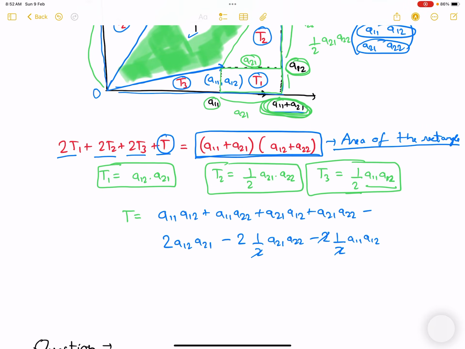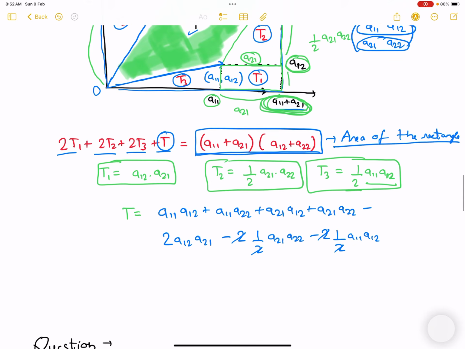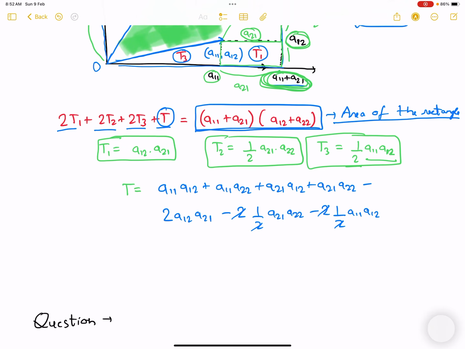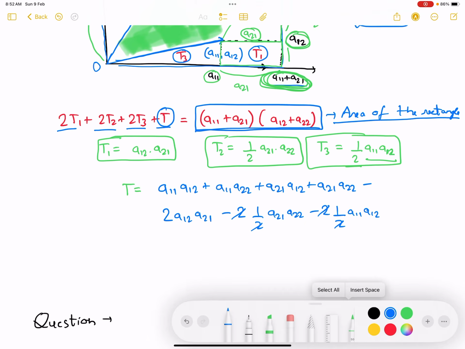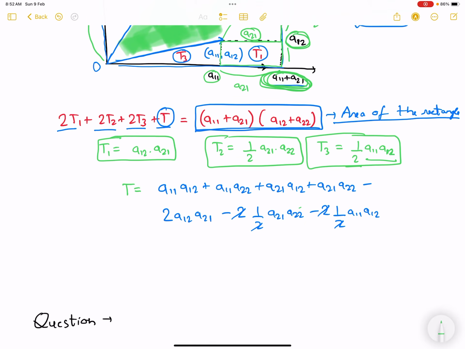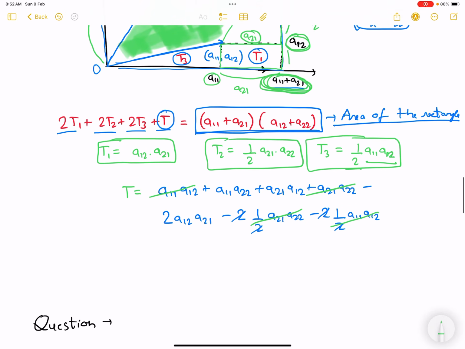This cancels out, so we are left with a21 a22. This cancels out. This negative would cancel out, and a11 a12 also cancels out.